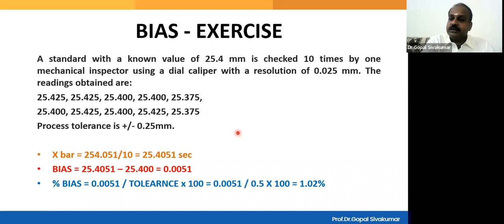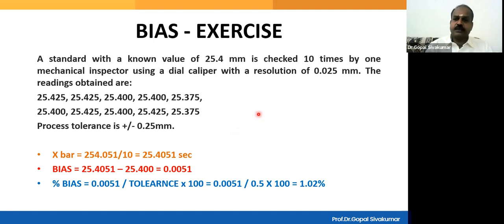If the bias is low, your readings are becoming accurate. If the bias is zero, you are 100% accurate. If the bias is more, you are becoming inaccurate. Hope all of you understand what is bias. Bias is fundamentally the difference between the observed value and the true value of the characteristic which you are measuring.